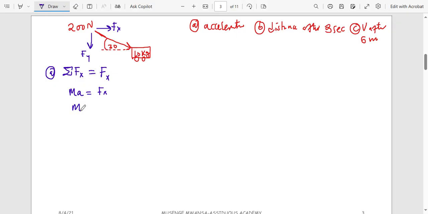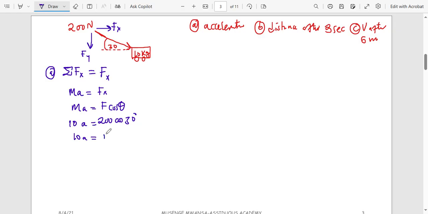So mass times acceleration is equal to the x component of any force, which is given by force cos theta. We did this in vectors, isn't it? And then the mass here is 10 multiplied by a. The applied force is 200. Cosine of the angle theta, which is 30 degrees. So this is going to be 10a is equal to 200 cos 30.